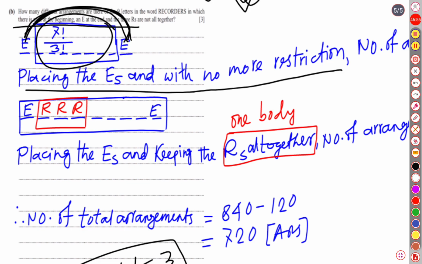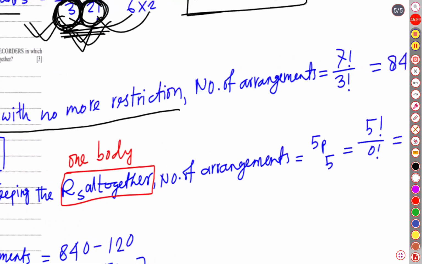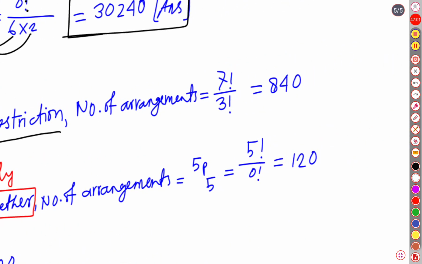The number of arrangements is 7P7, meaning 7 factorial, and there are 3 r's, so the 3 factorial will divide it. It is 840.